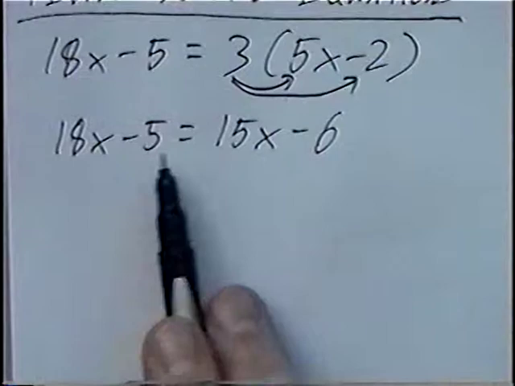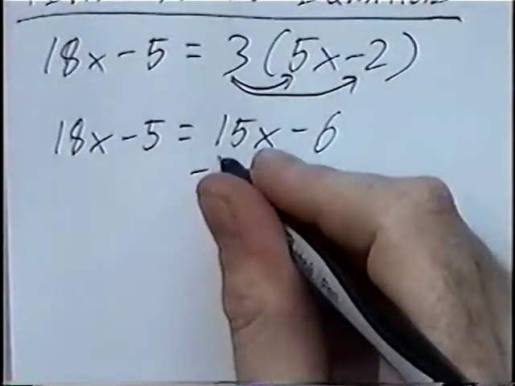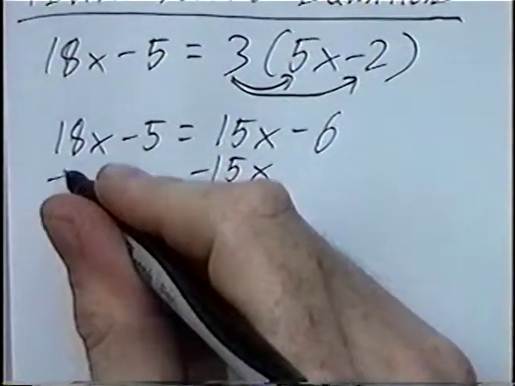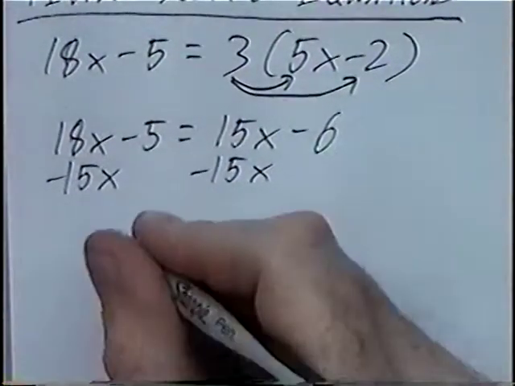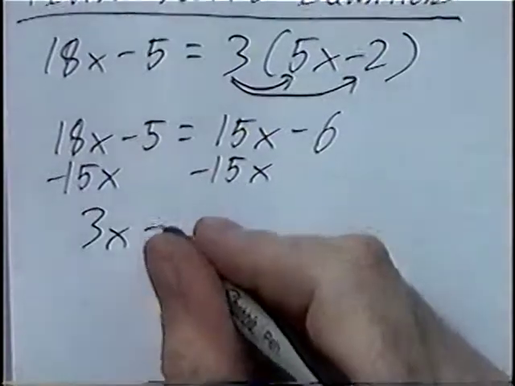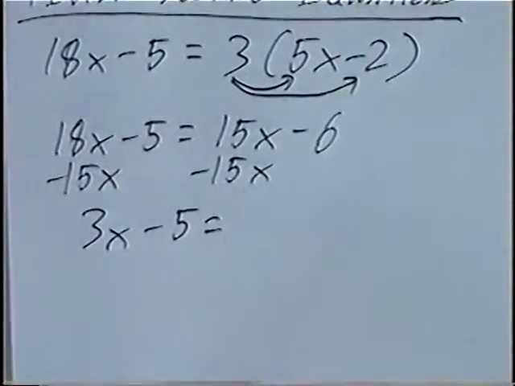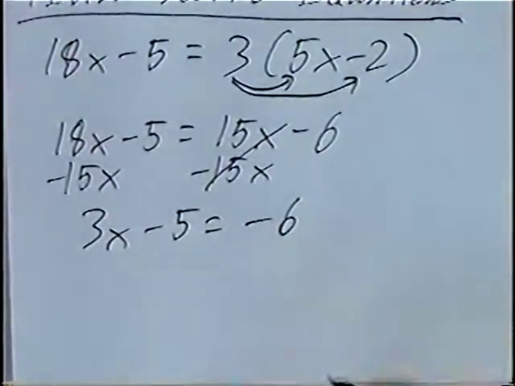Solving from here, we can put all the variables on one side. We can subtract 15x. 18x minus 15x would be 3x minus 5 equals negative 6.